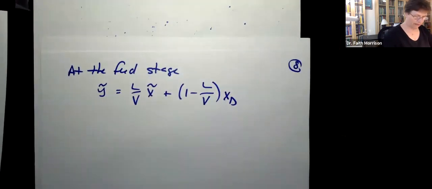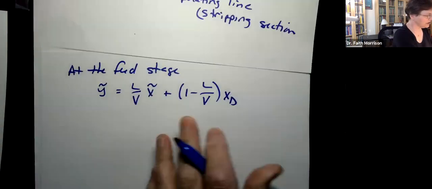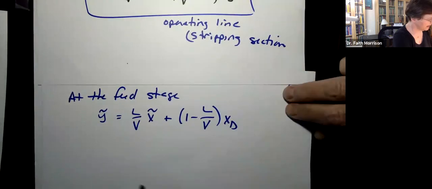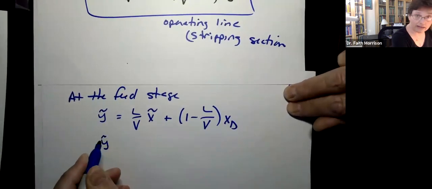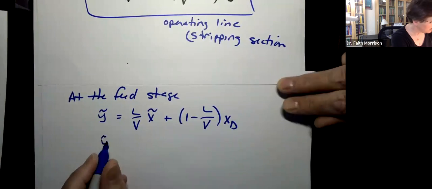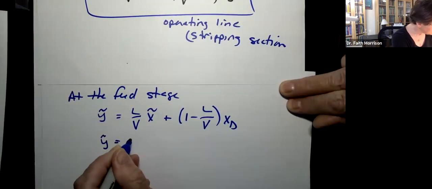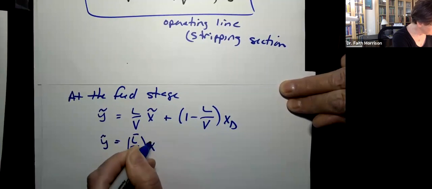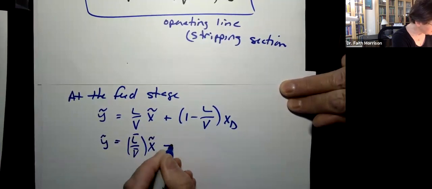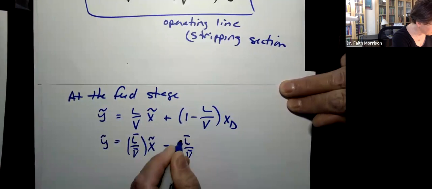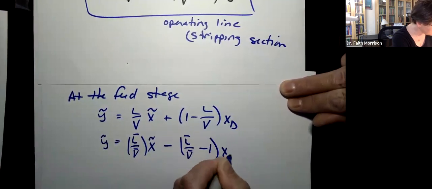And then I have the stripping section. Okay, Y tilde also has to be satisfied at the feed plate. Y tilde equals L bar over V bar X tilde minus L bar over V bar minus 1 XB.